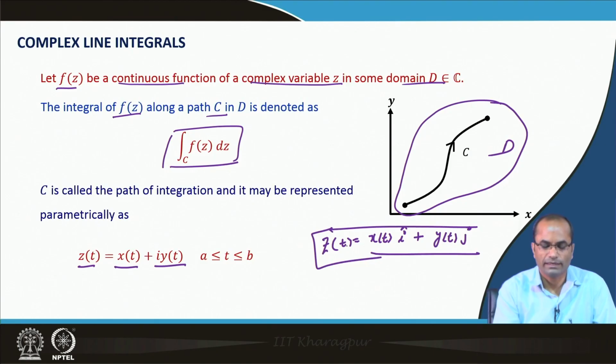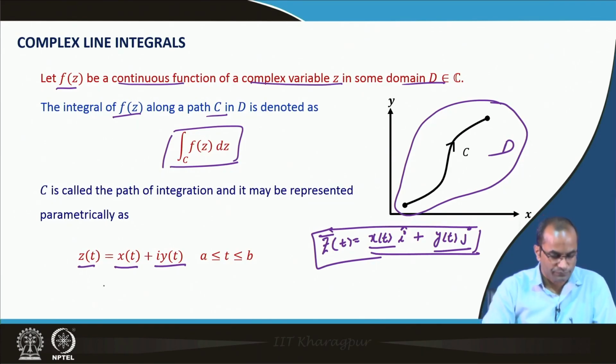So, we were defining the vector quantity by these two components x(t), y(t). In this context, we have this in terms of the real and imaginary part. We denote similar to the earlier one, but the notation we will follow from the complex context.